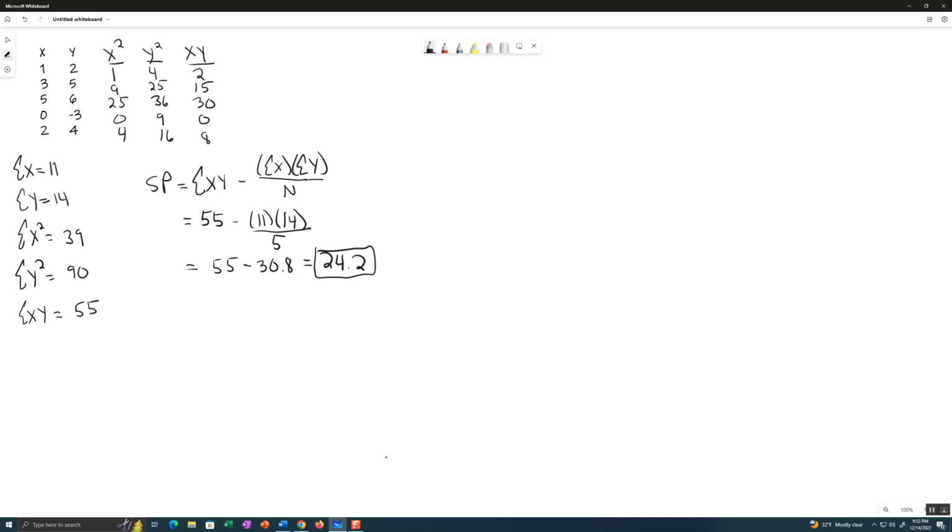We need that. We also need sum of square x, which is sum of x squared minus sum of quantity x squared over n, which in this case will be sum of x squared is 39 minus sum of x, which is 11 squared over 5, which gives us 39 minus 121 over 5.